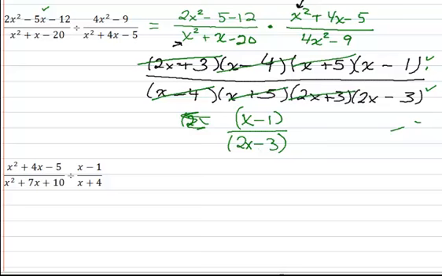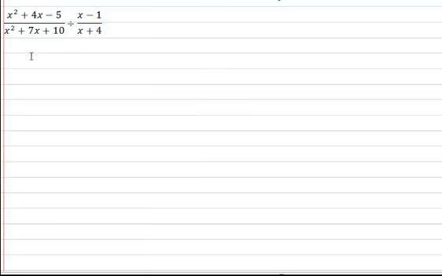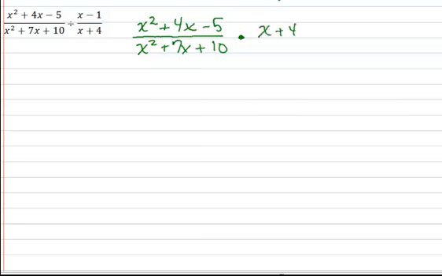And let's go ahead and look at the next. First things first, we're going to rewrite it. We leave the first one alone. Change the division to multiplication, flip the second. Factor anything that we can.